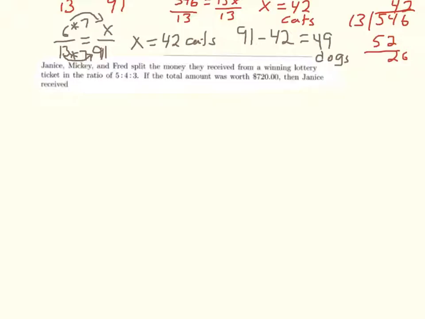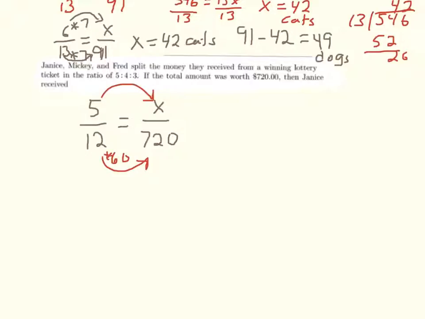And Janice, so we can use a part to whole ratio. So 5 is to, if you go 5 plus 4 plus 3, that's 12 parts. So 5 of 12 parts is what Janice got, as x is to 720. And we can think about what kind of multiplier we use here. And so that's going to be times 60.